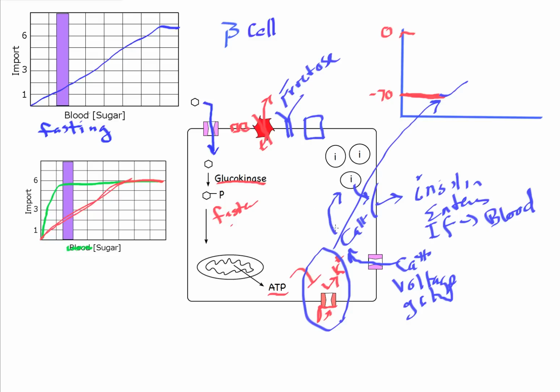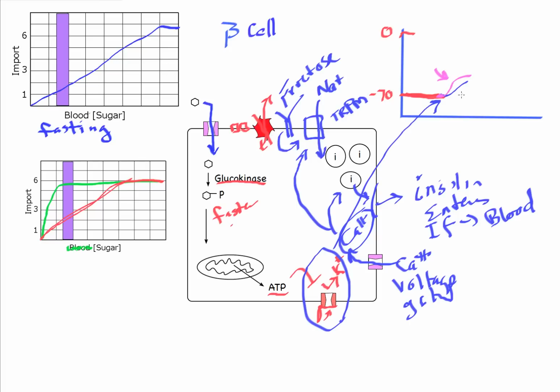But if calcium is present, if calcium is interacting with this channel here, the TRPM channel, if you get both calcium in the cell and fructose attached to the cell at this receptor, you get this TRPM sodium channel opening. And when that opens, in comes some sodium. And what is that going to do? That is going to depolarize the cell as well. So it's doing the same thing, potassium not leaving the cell.